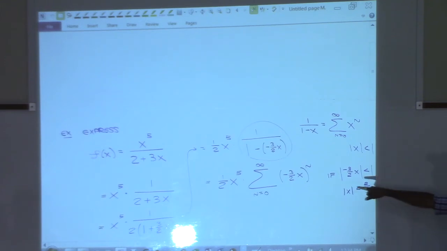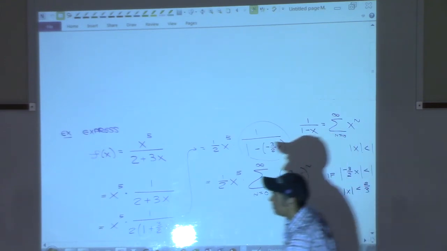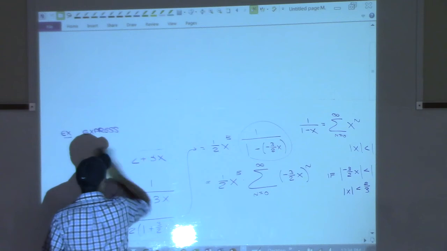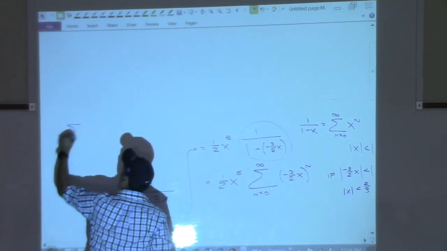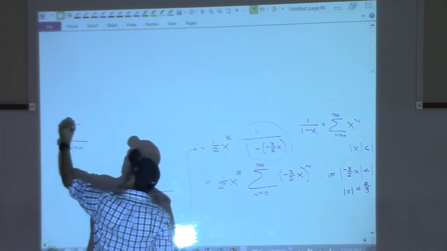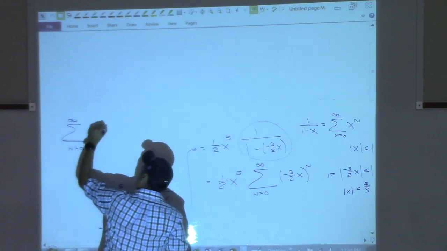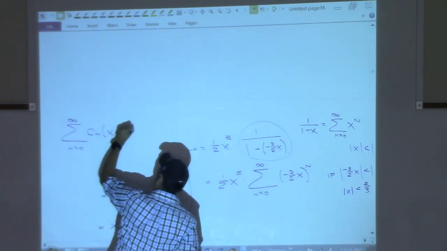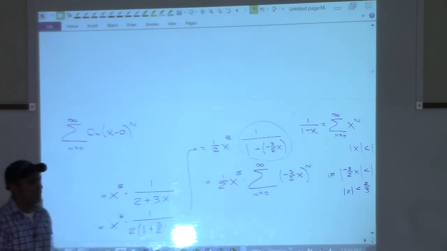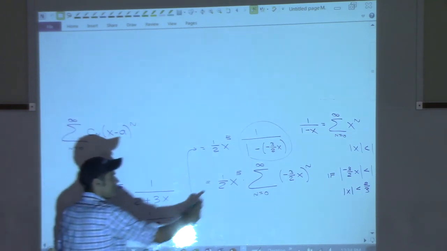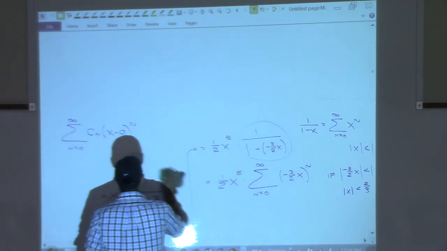Okay, now, does this look like a power series? Does that look like the general form of a power series? Does it look like sum n equals 0 to infinity of c sub n x minus a to the n? Does it look like that to you? No, it does not, because you have this stuff out here, right? So I'm going to push that in.